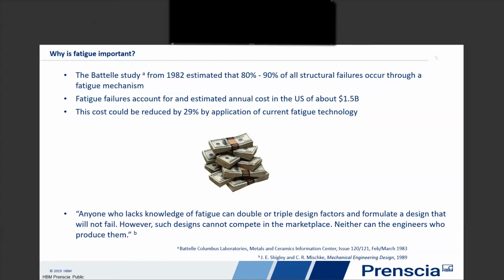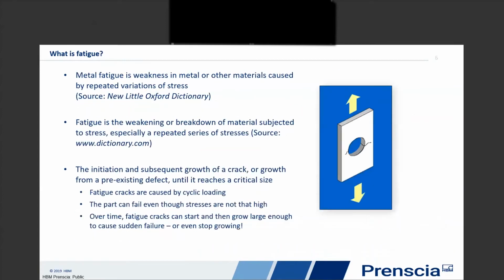So what is fatigue? Looking at several dictionary definitions, it comes off as basically a weakness in the metal that's caused by repeated variations of stress. And repeated variations of stress is the key aspect here. Again, it says a weakness due to a series of stresses.